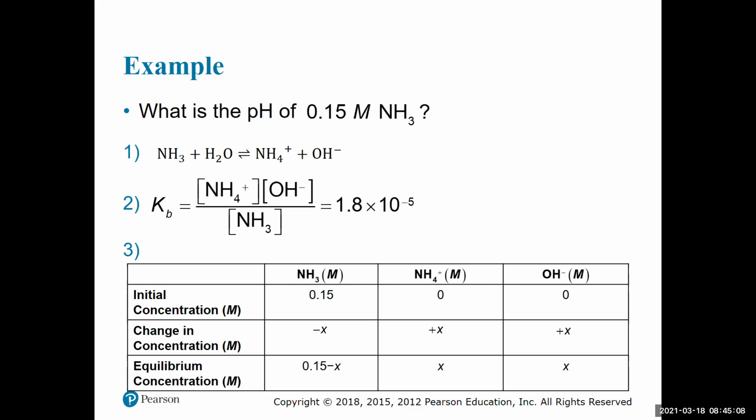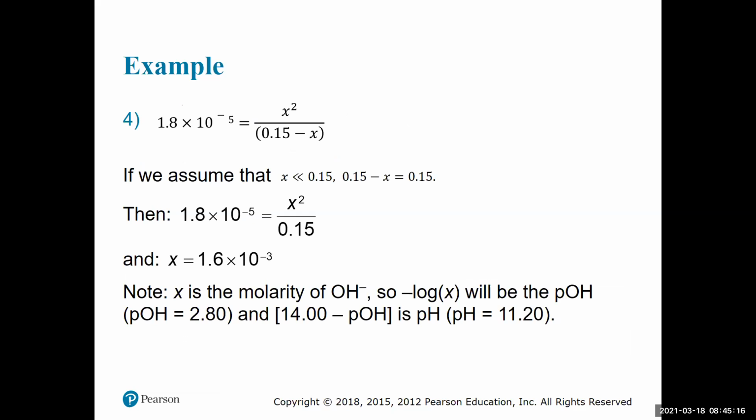We go back to our table and remind ourselves of that. The x represents hydroxide concentration. So before, with the weak acids, we simply took minus the log of that to get our pH value. Here, we'll go ahead and take minus the log of that, but what that gives us is pOH.